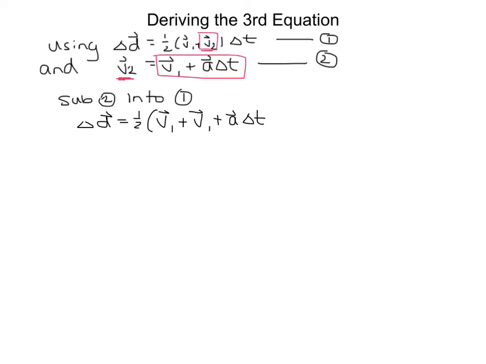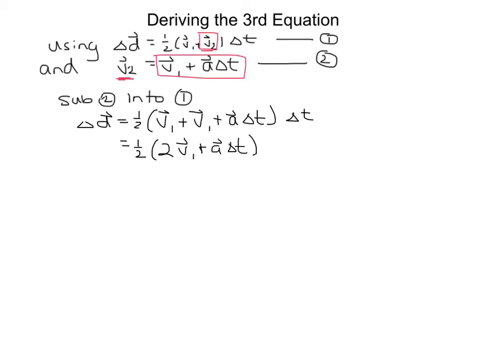So that whole thing has to be in the brackets there, and then all of that is multiplied by delta t. We can simplify this a little bit. We'll get 1/2, and v1 plus v1 is 2v1 plus a delta t.